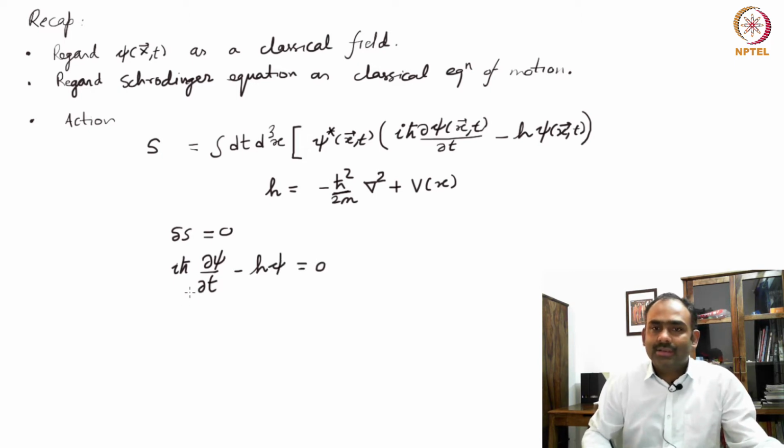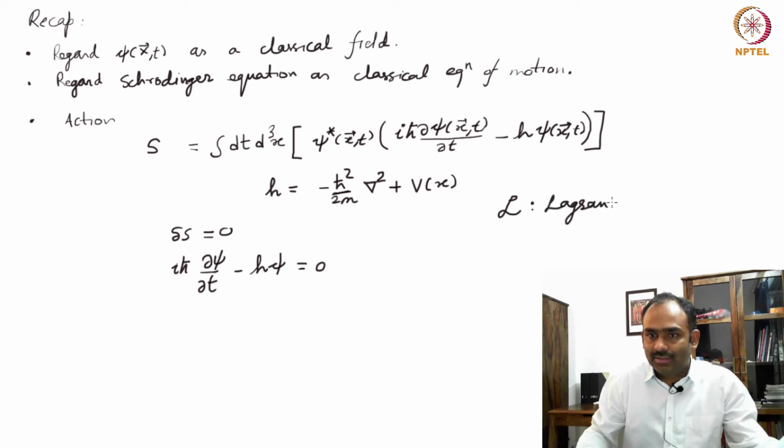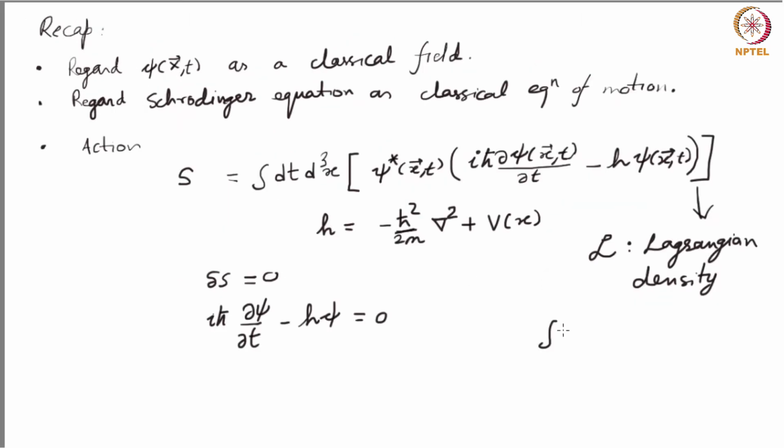Okay, and let me say here, this quantity in square brackets, I forgot to put a bracket here, the quantity within square brackets is called the Lagrangian density. It's denoted by curly L. That's what you have within the square brackets. Then if you integrate the Lagrangian density over all of space, you get the Lagrangian.